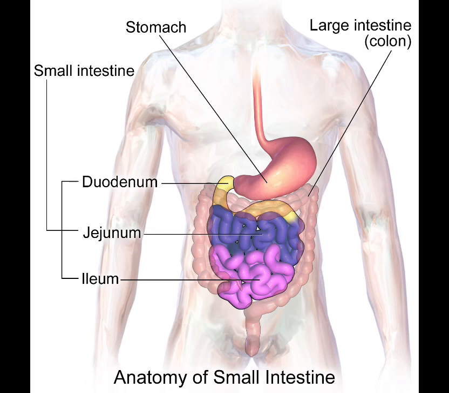The color is red in the jejunum due to increased blood supply, whereas in the ileum the color is paler due to poor blood supply. The presence of fat in the mesentery is less in the jejunum and more in the ileum. The presence of lymph nodes is less in the jejunum, more in the ileum.